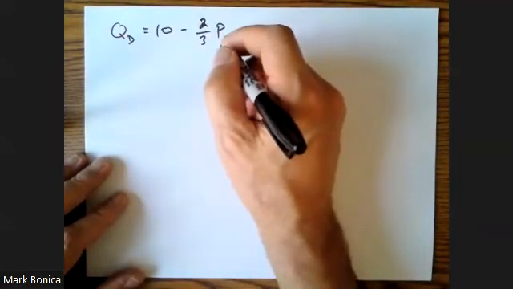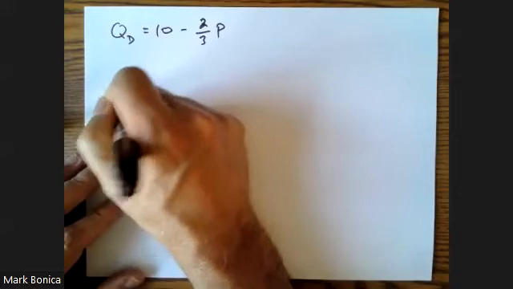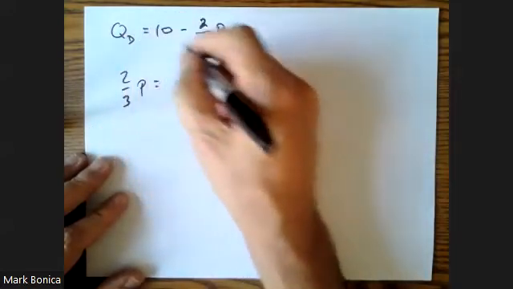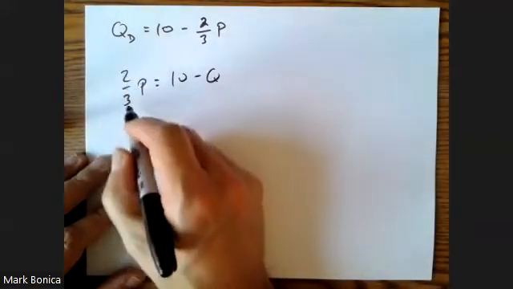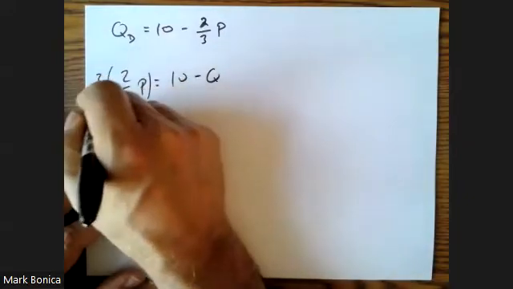We're going to add 2/3 P to both sides, and subtract Q from both sides. So 10 minus Q. Then we have to get rid of this 2/3 P, so we multiply both sides by 3/2.